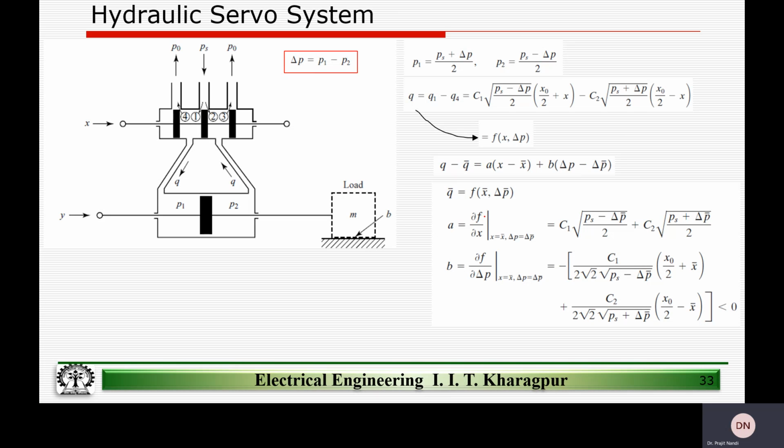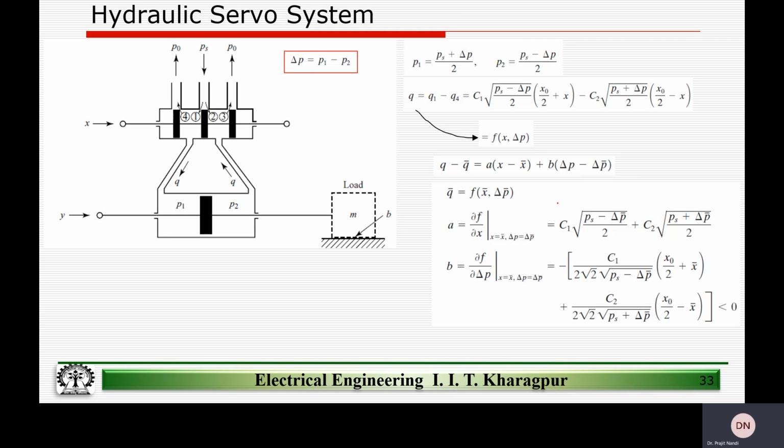A is nothing but the slope of f as a function of x, at x equal to x bar and delta P equal to delta P bar. In other words, it's the slope of the function f as a function of x around that operating point x bar and delta P bar, right?